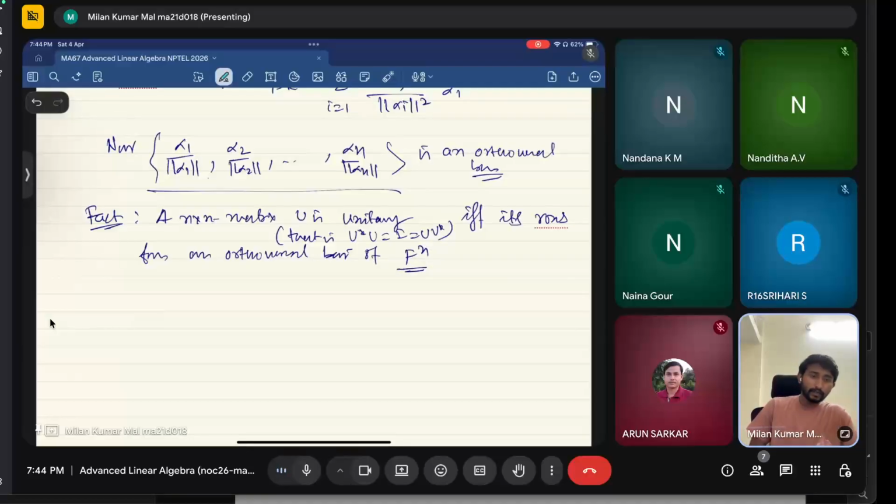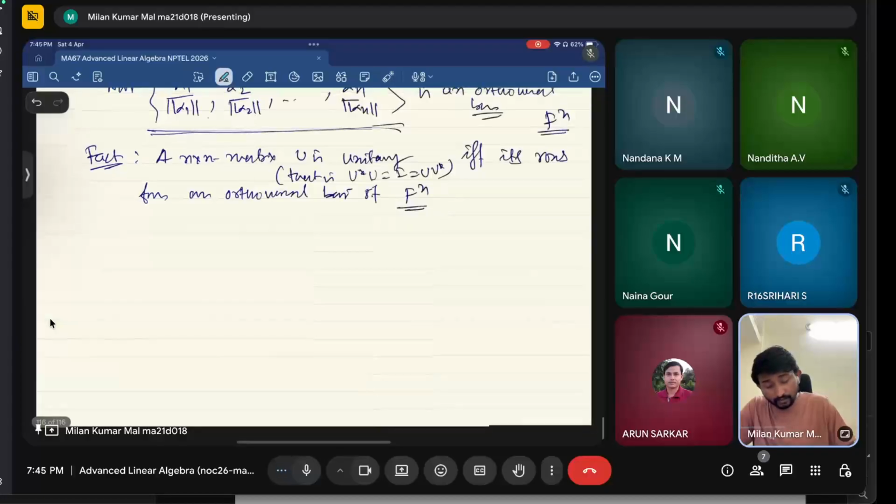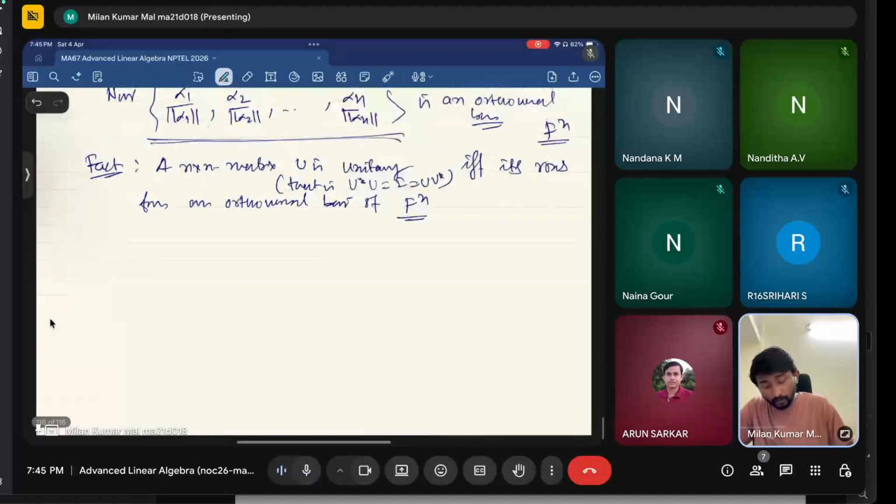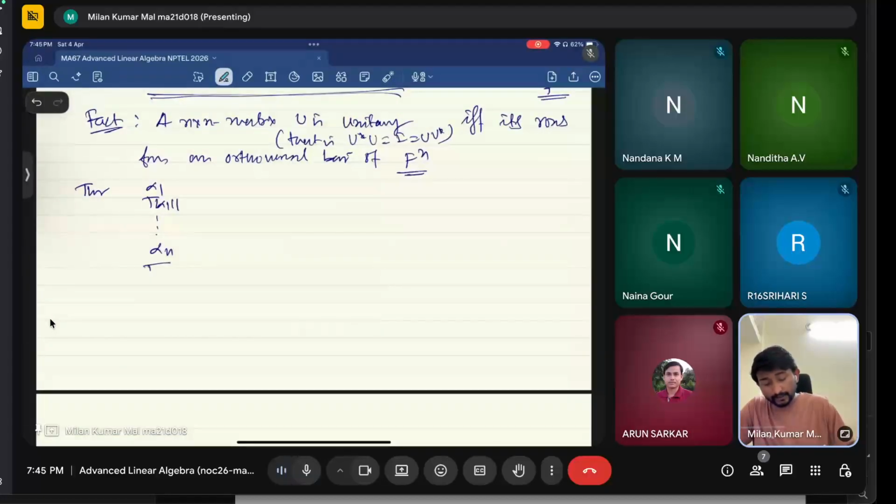So, as this is an orthonormal basis of F^n, that is either C^n or R^n, then the matrix with first row alpha 1 by norm of alpha 1, up to the last row alpha n by norm of alpha n, is a unitary matrix.